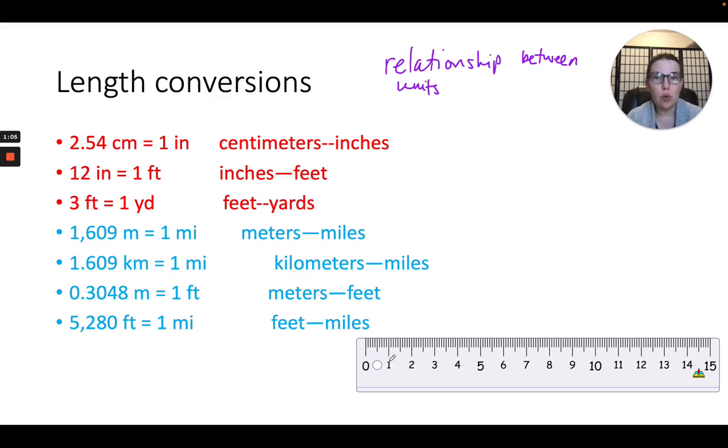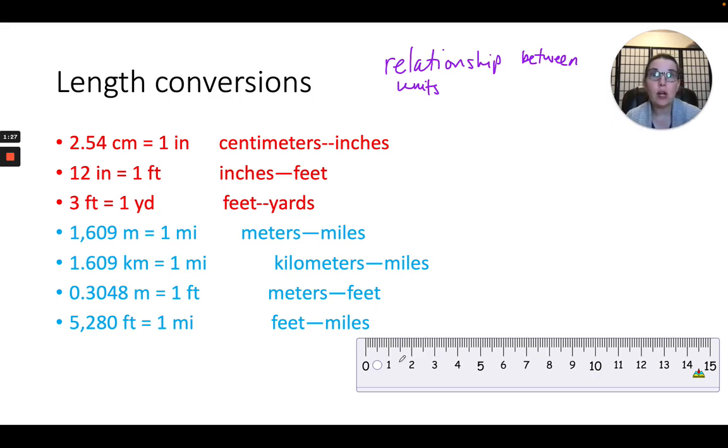I don't have both measurements on the ruler down here, but you could take a ruler from my drawer in the classroom and see for yourself that the 1 inch marking on one side of the ruler is at the same location as the 2.54 marking, which won't be exactly a marking, but it'll kind of be between markings. But you'll see that 2.54 centimeters is equal to 1 inch.